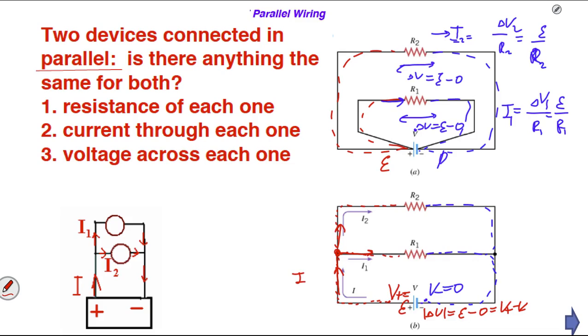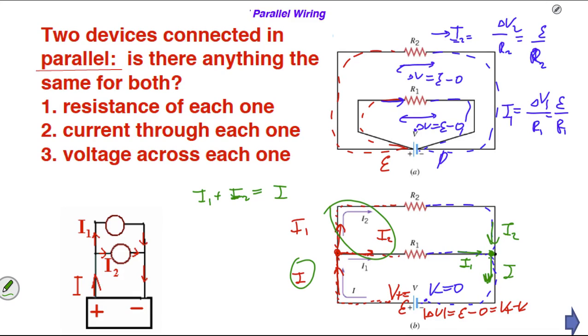And the law of conservation of charge tells us that if we add these two currents together, we should get the original amount. So I1 plus I2 should be equal to I. Or same here, I2, I1, they join and provide the initial current I, the current that travels eventually through the battery. Well, that's it.